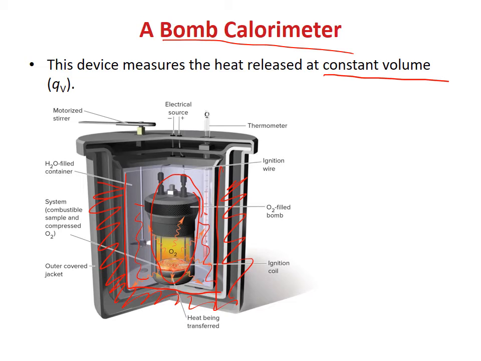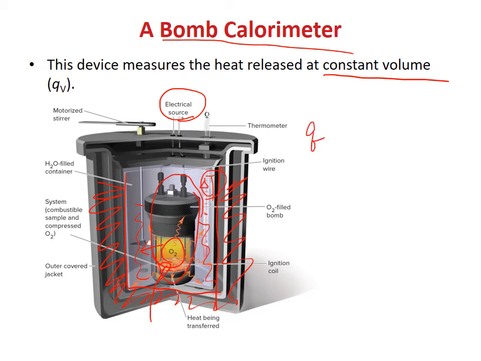For example, an organic sample is placed inside this reactor, full of oxygen gas. An electric source is used to ignite the reaction, and the combustion reaction is exothermic, so heat goes into the water bath and increases the temperature. By measuring the temperature change, we can calculate the heat.